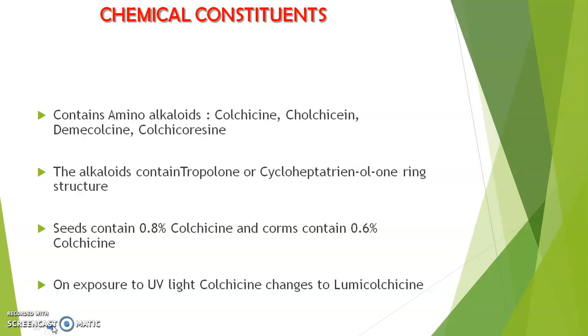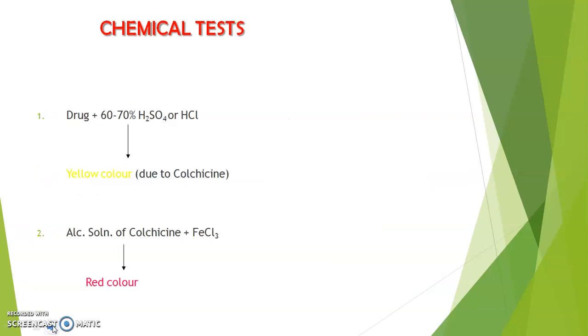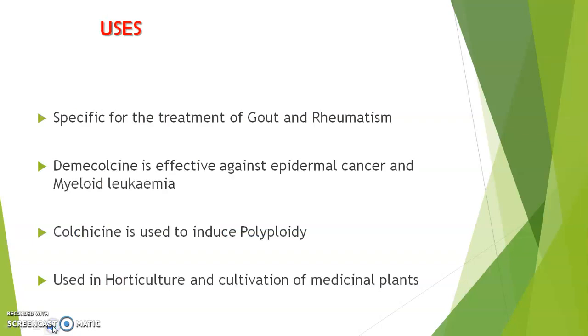On exposure to UV light, colchicine changes to lumicolchicine. Chemical test: drug with 60 to 70% H2SO4 or HCl shows yellow color which indicates the presence of colchicine. Second test: alcoholic solution of colchicine with ferric chloride, FeCl3, gives red color.